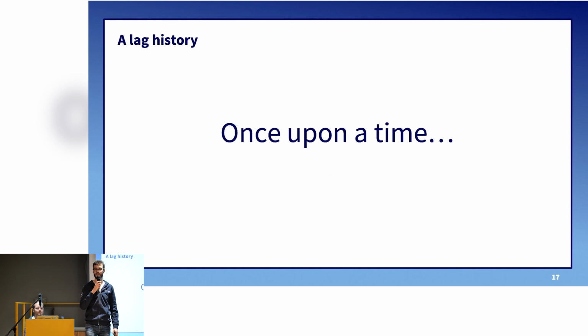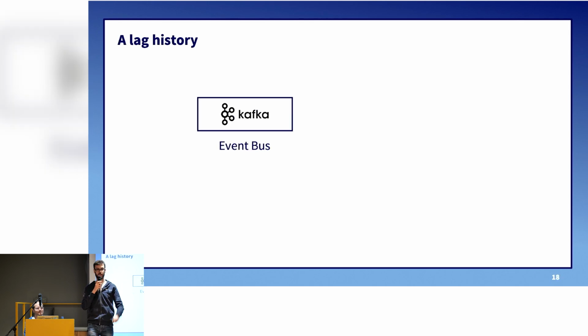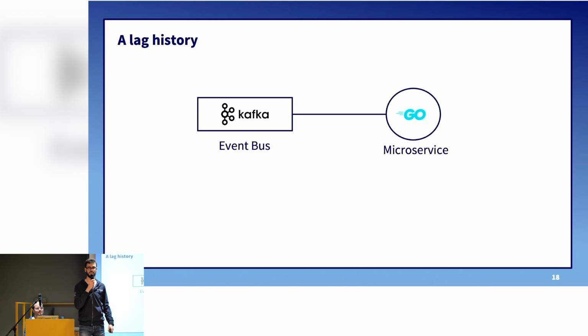Once upon a time, in a small developer team at OVH Cloud, something happened. Something terrible happened. Our story, like all stories, begins with a Kafka event bus and a microservice developed in Go. I loved stories when I was a kid.